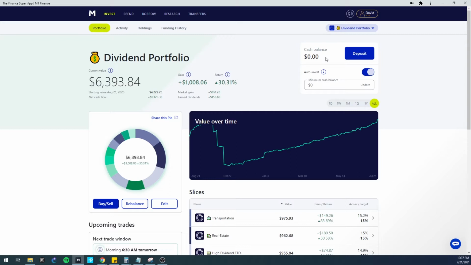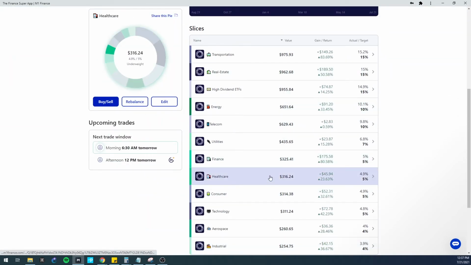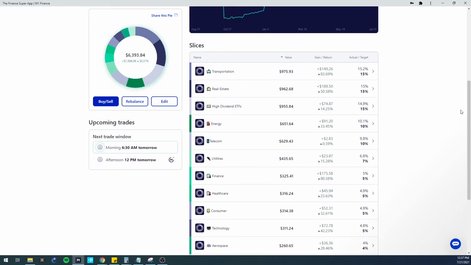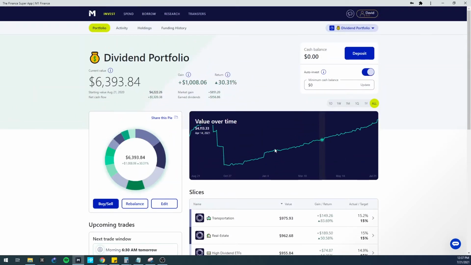To manually invest, or for M1 Finance, let me state this up front. When you have a cash balance of $25 or more, it'll automatically invest that $25 into your allocations in the market or in your portfolio. So 15%, 10%, 7, 5, 4. Those are the percentages on $25 or higher.